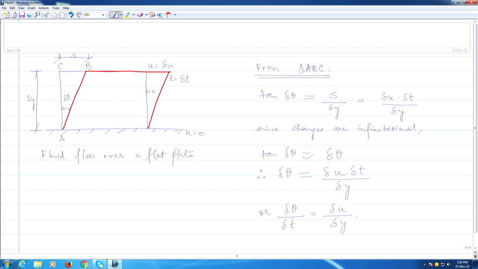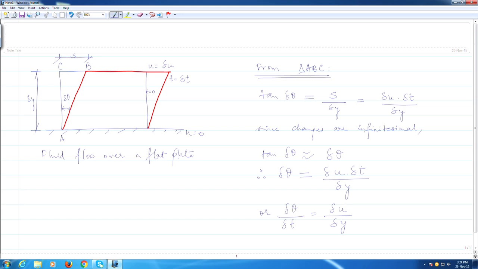Now, from what you can see here, theta changes only with respect to time, theta is a function of only time, and u is a function of only y.